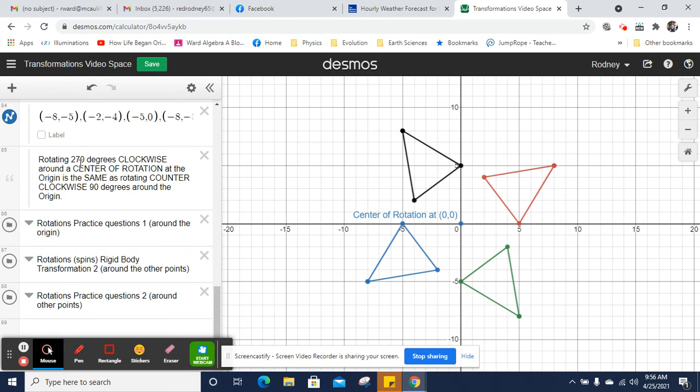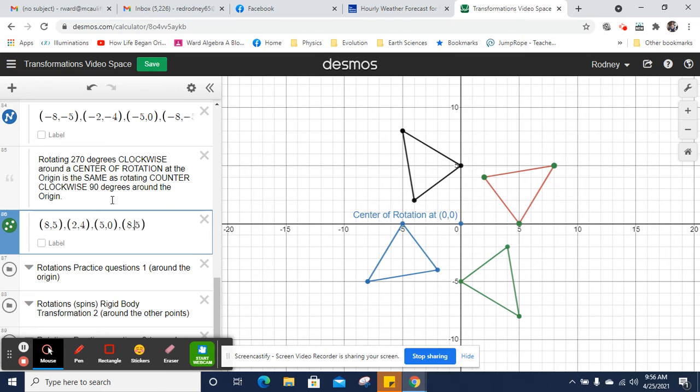So for this 270-degree clockwise rotation around the center, I could do the clockwise rules 3 times, or I could do the counterclockwise rules once.